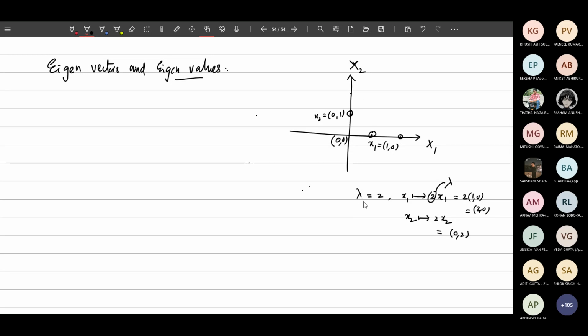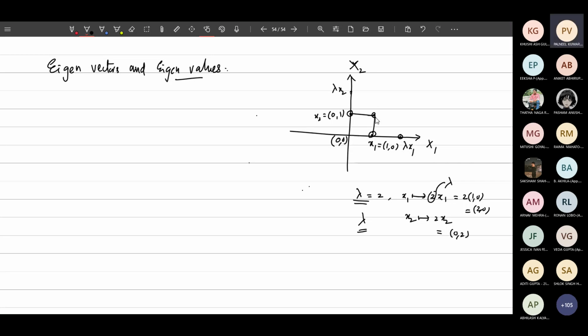For example, as lambda varies, taking all possible values, you will get different values on this x-axis and different values on this y-axis. So lambda x1 is here, and here lambda x2.